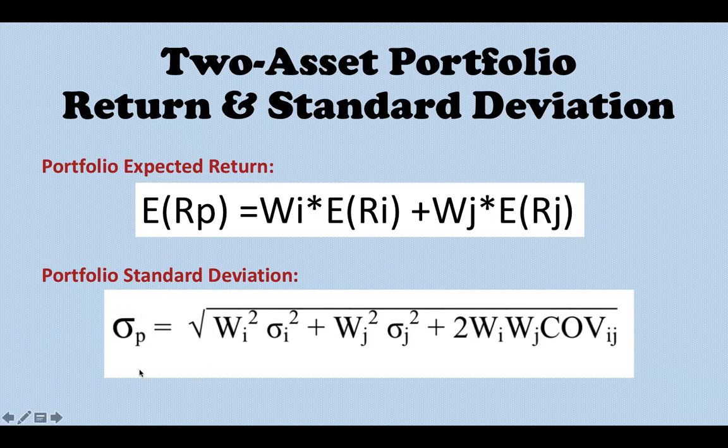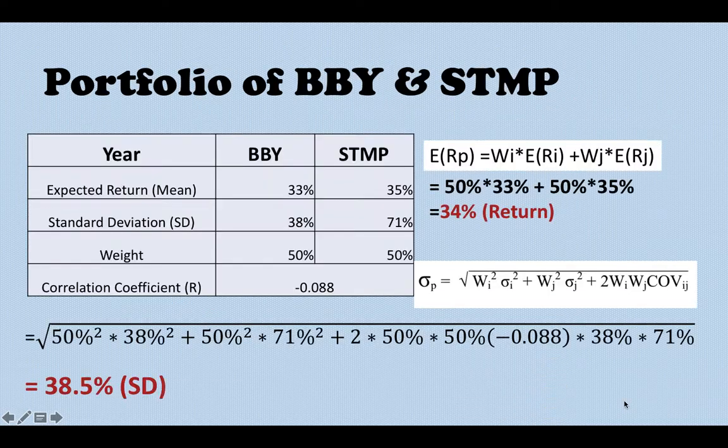Mathematically, it follows this formula: the weights times the standard deviation squared, then you add a portion, which is 2 times the weights times the covariance of the two stocks. The covariance is equal to the correlation coefficient times the standard deviations.